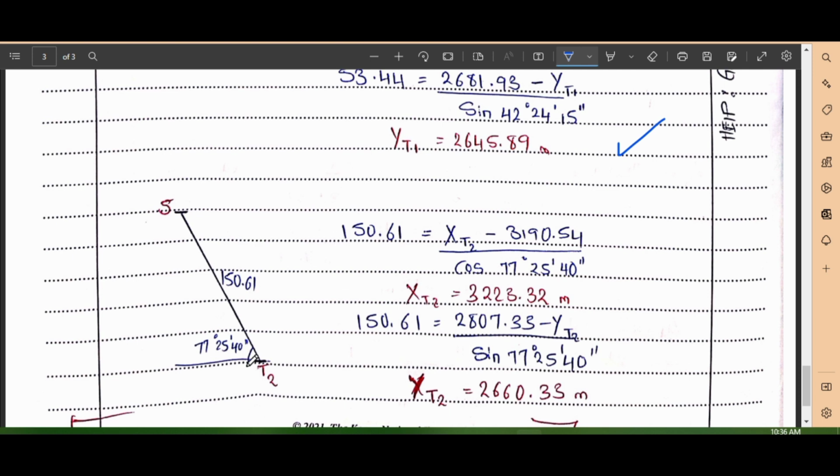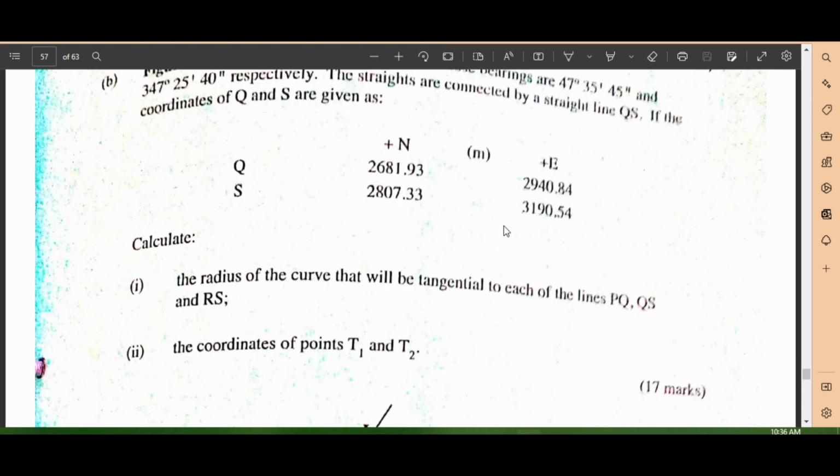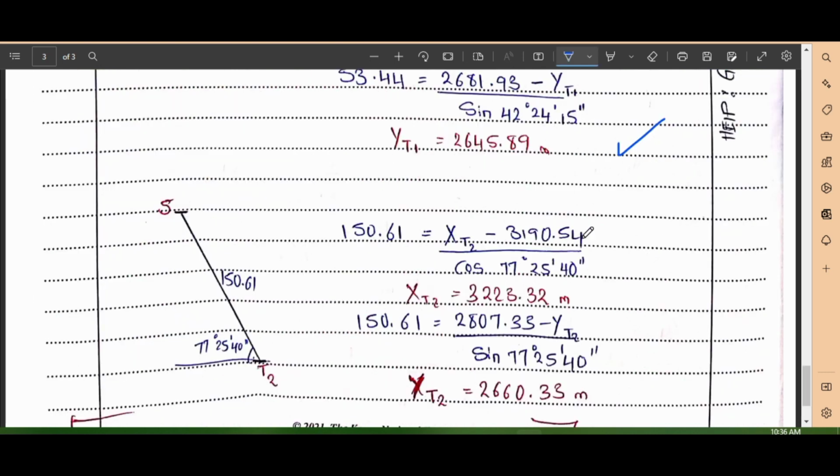Here we have to calculate the coordinates for T2. So we compare the measurement that we have been given. The length equals the easting of S minus our answer, over cos of the angle that we calculated there, and we get our final easting coordinate.